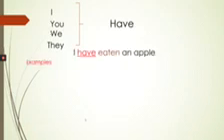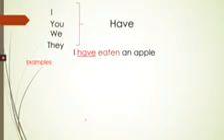Now we have to know when we should use has and when we should use have. We have seven subject pronouns. I, you, we, and they, these four subject pronouns come with have. Very good. So I have to say I have, you have, we have, or they have. We have some examples.